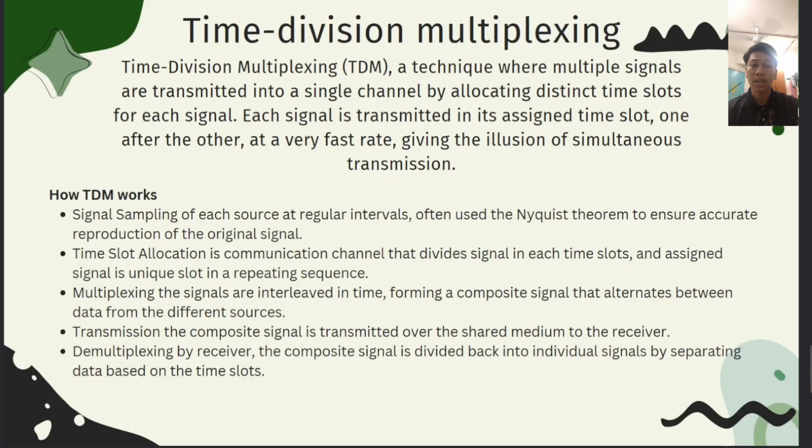Multiplexing: the signals are interleaved in time, forming a composite signal that alternates between data from the different sources. Transmission: the composite signal is transmitted over the shared medium to the receiver. Demultiplexing: at the receiver, the composite signal is divided back into individual signals by separating the data based on the time slot.